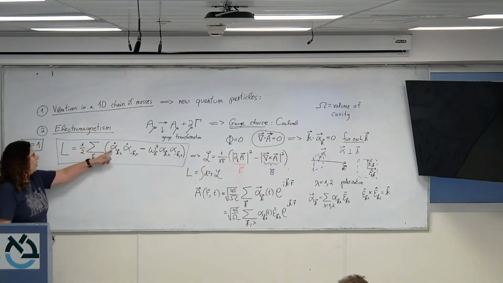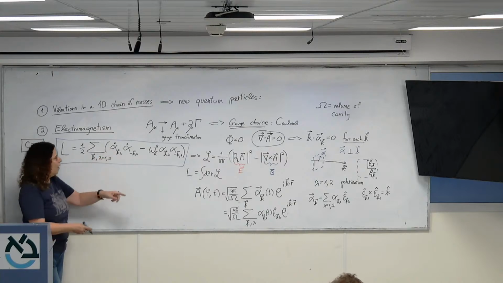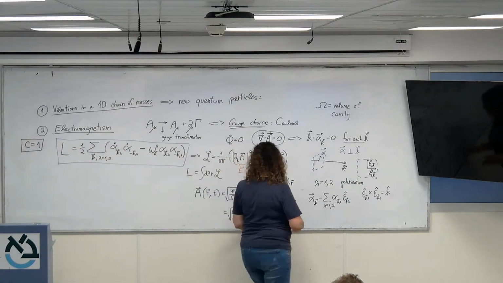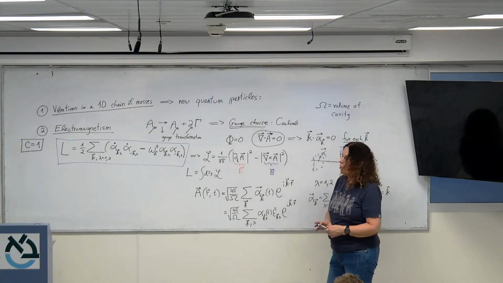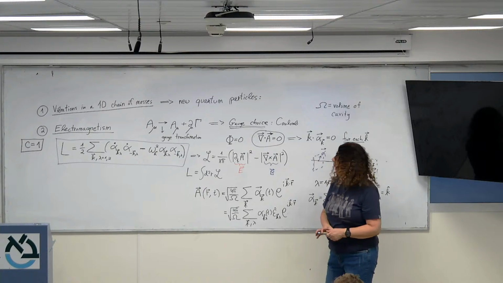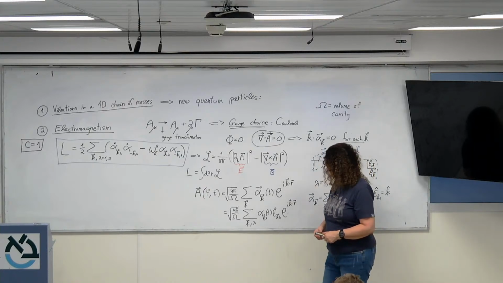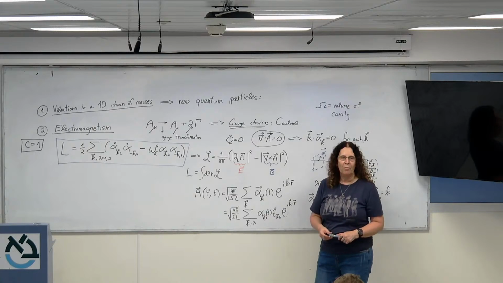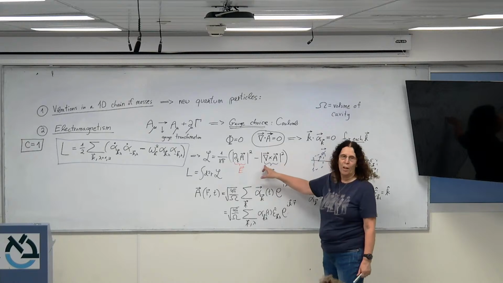Well, alpha dot is just the time derivative, because these alphas are time dependent. Where did we get the omega from? What is omega? I know it's k, because we know the wave equation. So you see how I got it.